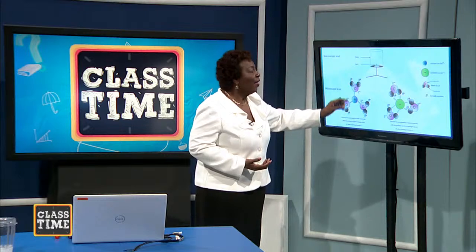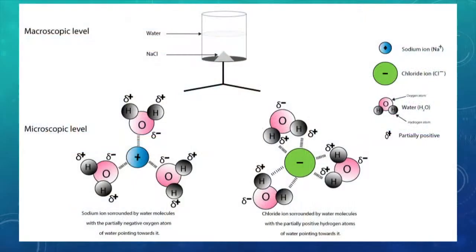And if you notice, the water molecules are turned towards the positive sodium ion, but with the oxygen this way, because it has a negative charge and positive attracts negative, whereas the hydrogens with the delta positive charges are turned away from the positive sodium ion.